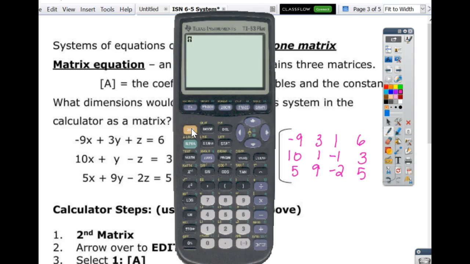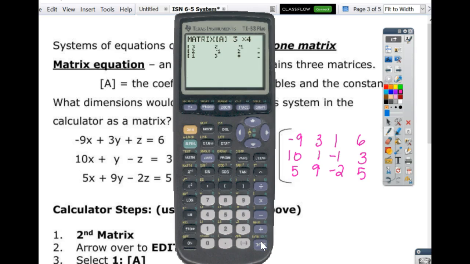So I'm going to push second and then the matrix. And it pops up. And now we're in the matrix. And the first thing I have to do is take these numbers and put it into the calculator. Okay? And so to do that, I'm going to edit. I went over to the edit and then push enter.